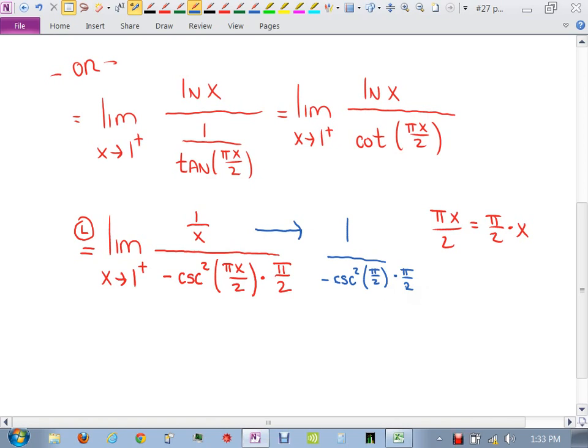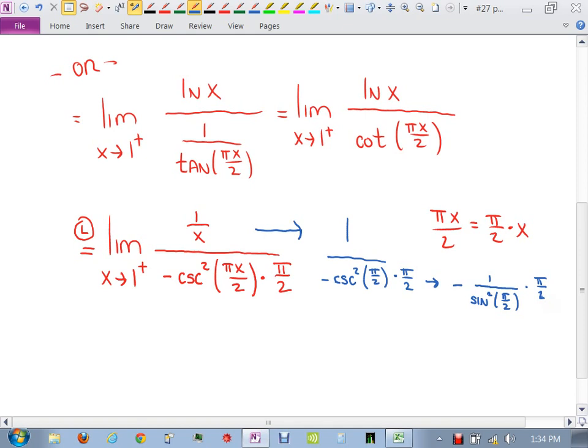What is cosecant of pi over 2? And if this helps you, what is cosecant? By definition, isn't that 1 over sine? So the bottom is just the same as 1 over sine squared of pi over 2 times pi over 2.